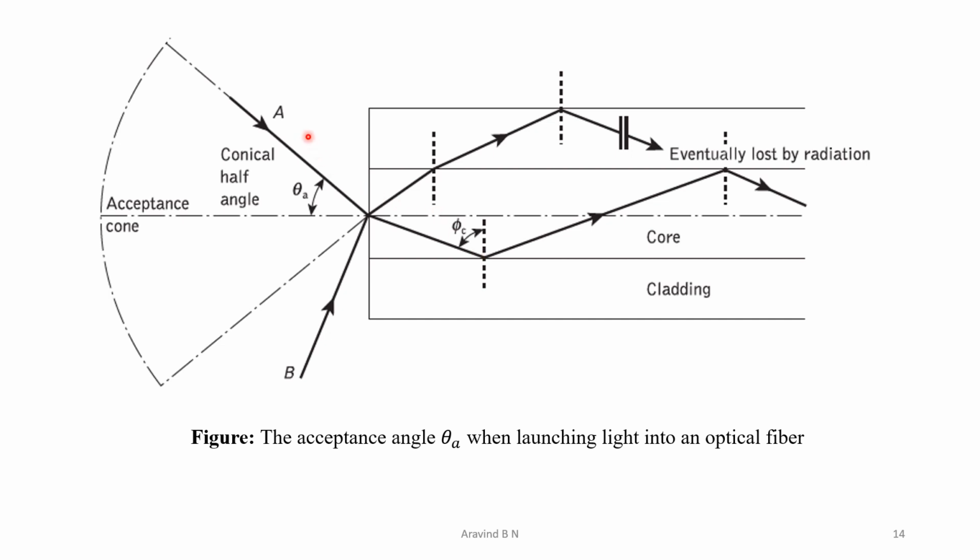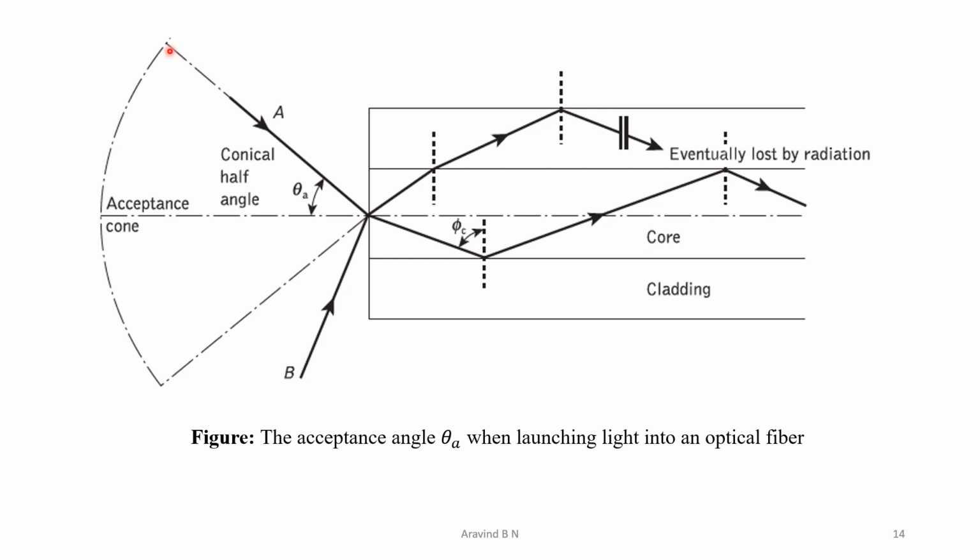If the angle of entry itself exceeds this acceptance angle, then there will be no total internal reflection inside the optical core. It is not at all possible. So that particular angle is called the acceptance angle.